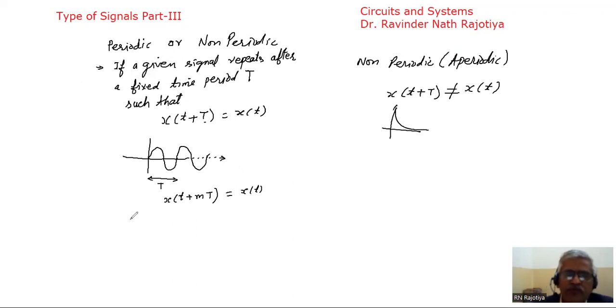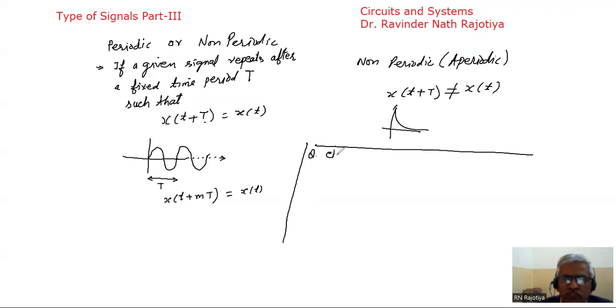To find out whether a signal is periodic or non-periodic, let's take up some examples. For example, check if the signal cos(0.01 pi n) is periodic. Remember, if the signal is not continuous but discrete, see what the difference will be.